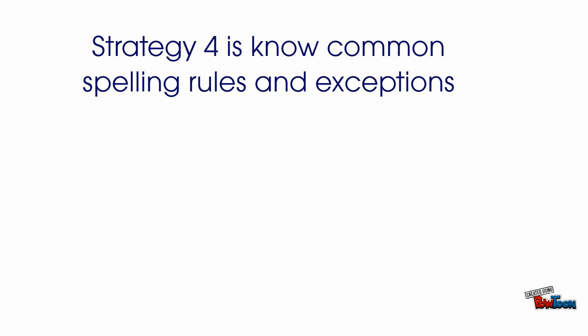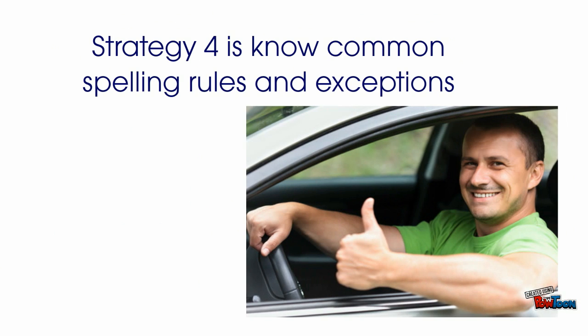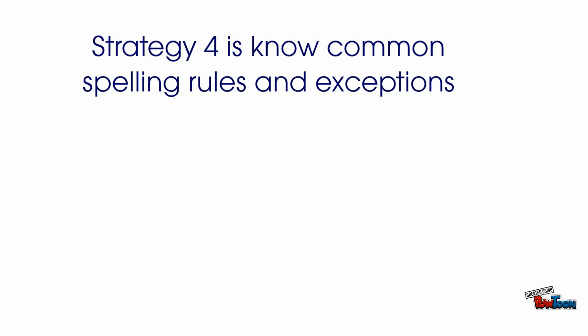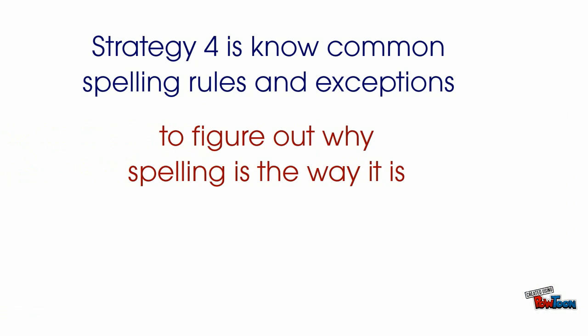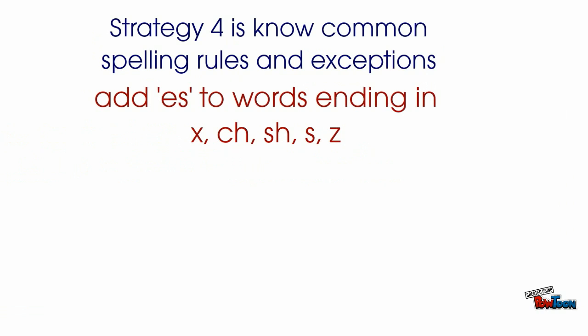Strategy number 4 is know common spelling rules and exceptions. Knowing spelling rules is great to help you figure out why spelling is the way it is. For example, we add ES to words ending in X, CH, SH, S, Z to make plurals and third person verbs.